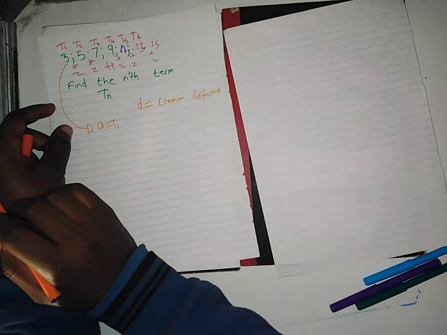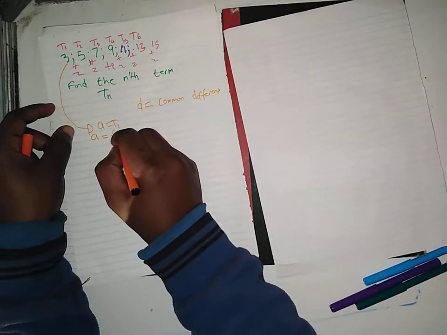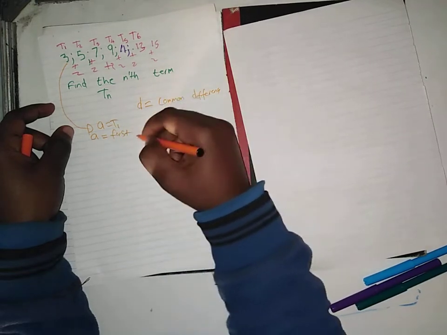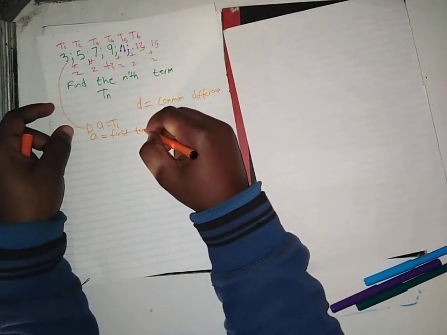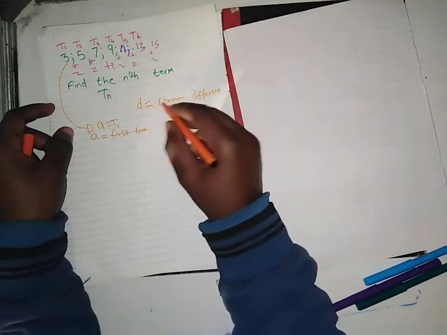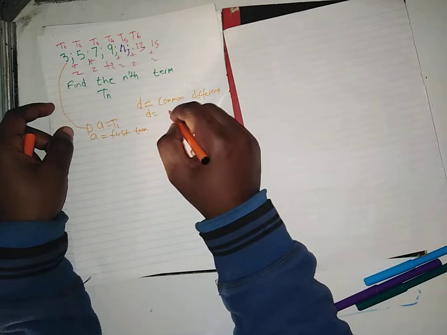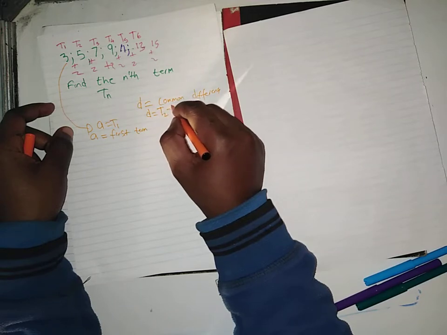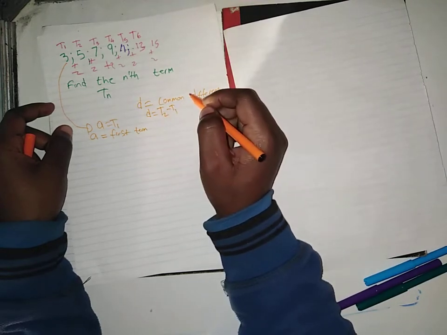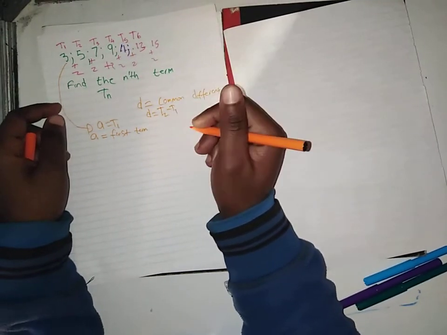Okay, so we said A is a first term, and then we've got D, which is a common difference. Now, how do you find a common difference? What you simply do is you take D is equal to, for example, T2 minus T1, or you can say T3 minus T2, and so on and so on.